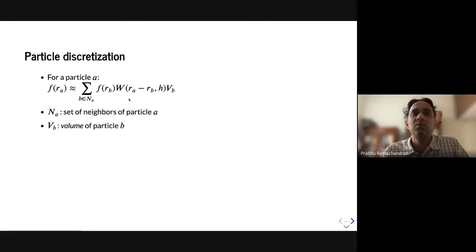All you need is to do summation over a small set of particles, which is called the neighborhood of this particular particle A. So N_a is the set of all neighbors of particle A, and V_b is the volume of particle B. So it becomes essentially an order n method to calculate the value of the function at every point. If you have n particles, you essentially have some small radius, some small collection of particles around that which influence that particular point. Okay, so that's how you do the particle discretization.